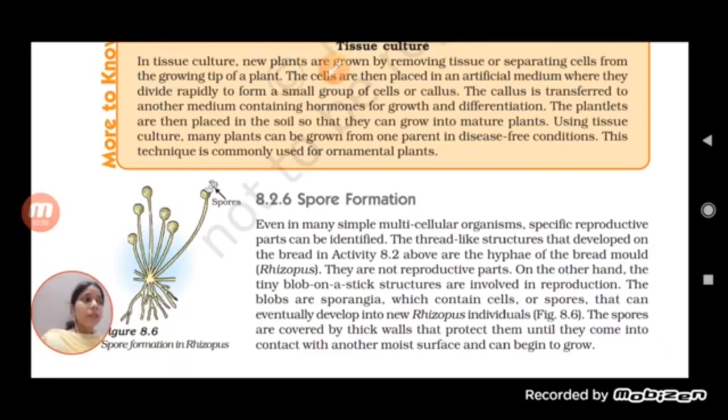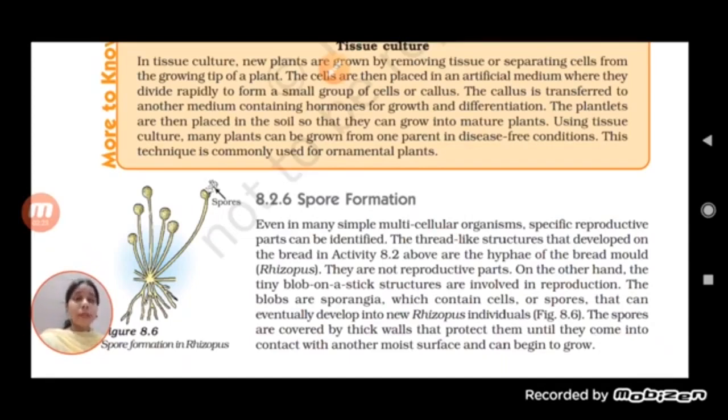Even we have understood what will happen if we plant a piece of potato which consists of a bud, and a piece of potato which does not consist of a bud. The piece of potato having the bud will germinate, and the growth of the root and the shoot will take place from it.